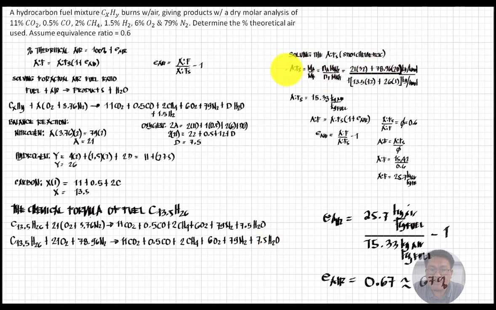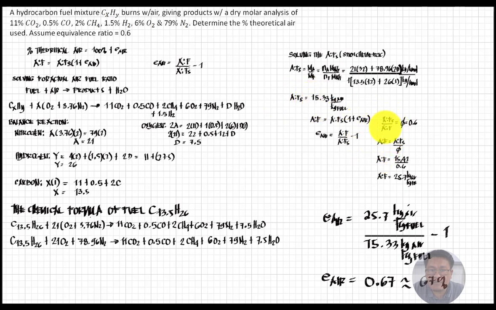Now, solving for the stoichiometric again, that will be the mass of air over mass of fuel. Since we have already the properties of the type of fuel, and we are also able to determine the value of a for your air, substituting that, we are able to determine the stoichiometric.